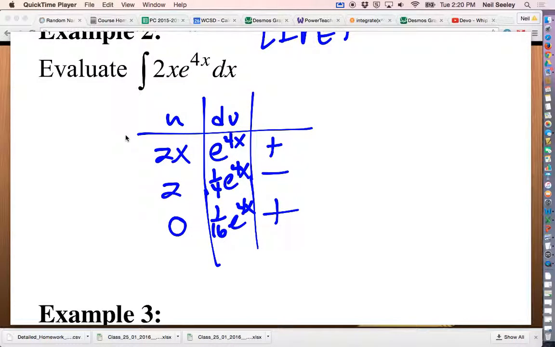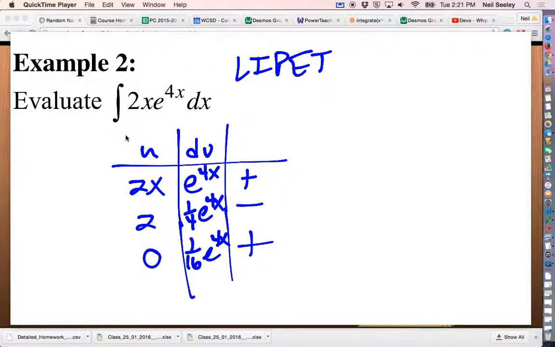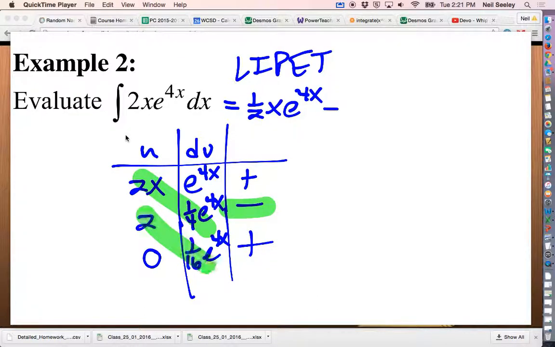So the integration of this, first diagonal, right here, pick up the negative, so that's 1/2 x e to the 4x. And then minus the next diagonal, 2/16, 1/8 e to the 4x.